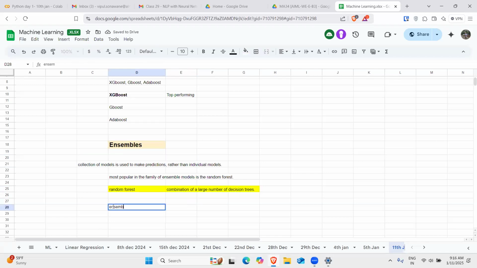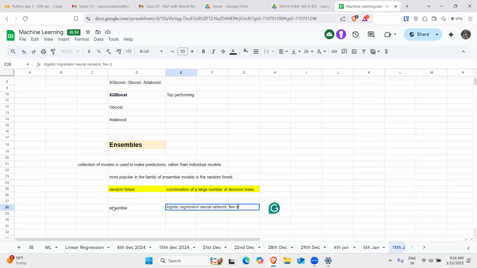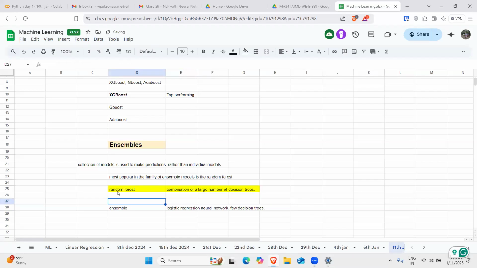In an ensemble, we can have logistic regression, a neural network, a few decision trees. It can be anything, not necessarily decision trees. But in random forest, we have all decision trees.